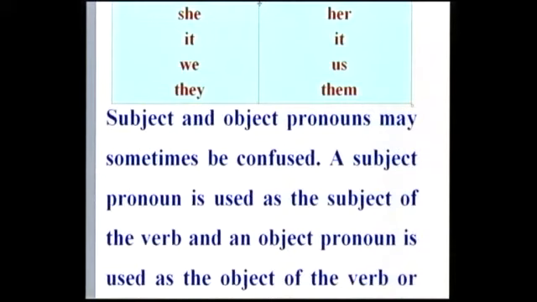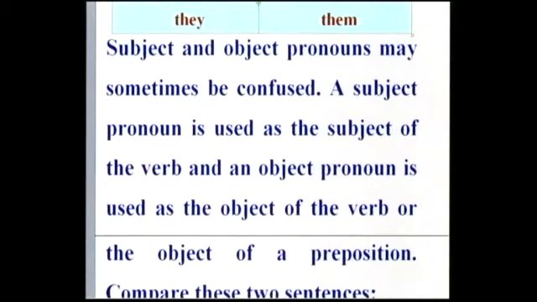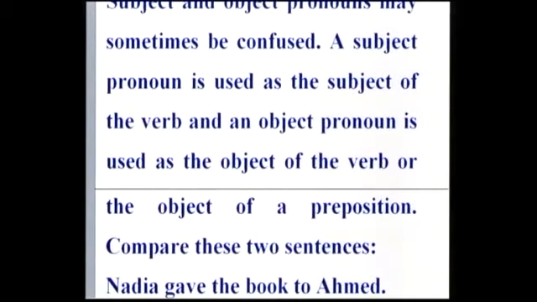A subject pronoun is used as the subject of the verb. An object pronoun is used as the object of the verb or the object of a preposition. انتوا عارفين you know from last term that the object is not always an object of a verb.